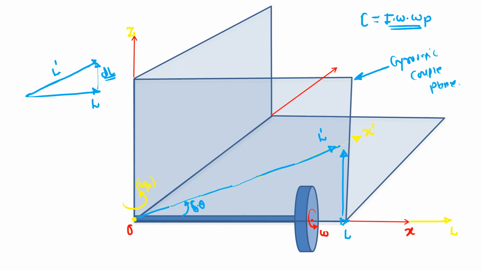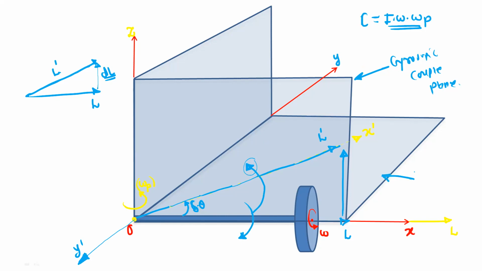So the direction of gyroscopic couple will be in this direction. So that axis will be like this. So this is a y axis and this is the y dash. So along this axis, you will observe the gyroscopic couple. So it will be in this direction, that is in the counterclockwise direction, or it will be in this direction. So this is the plane of gyroscopic couple.